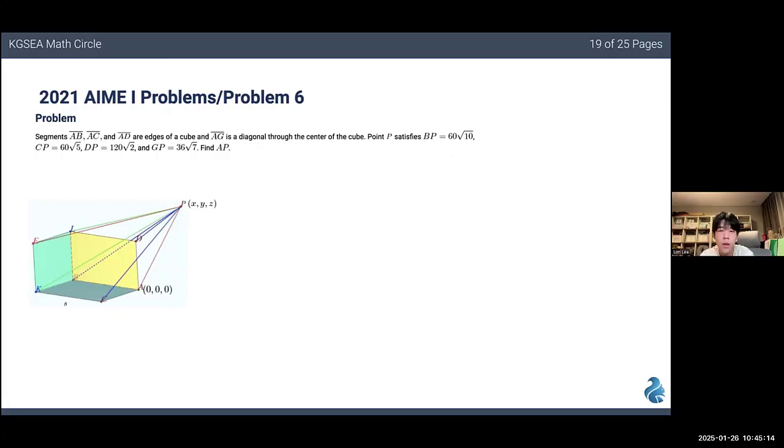First, we can scale down the whole cube by 12, and let point P have the coordinates x comma y comma z, and point A have the coordinates 0 comma 0 comma 0, with s being the side length. Then we have the equations as follows. This is because we can utilize the distance between 2 points formula that I explained in the slide before.